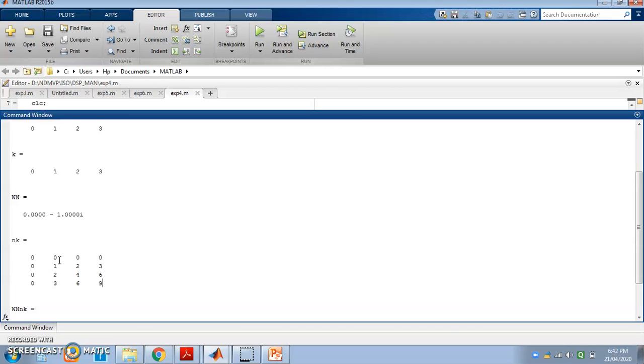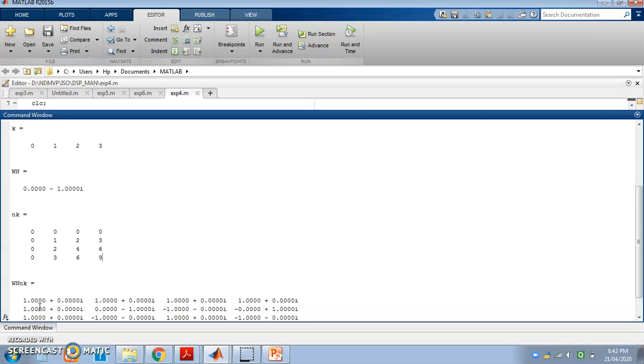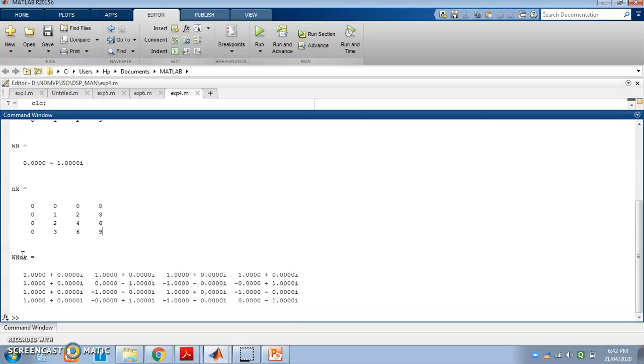It is just a multiplication of n into k, so it is 0, 1, 2, 3, 2, 4, 6. These are the powers of w suffix capital N. If we have this power, one can find w suffix n raised to nk. So if we consider w suffix 4, this complex number raised to this power, one can have this twiddle factor matrix which is there in front of you.